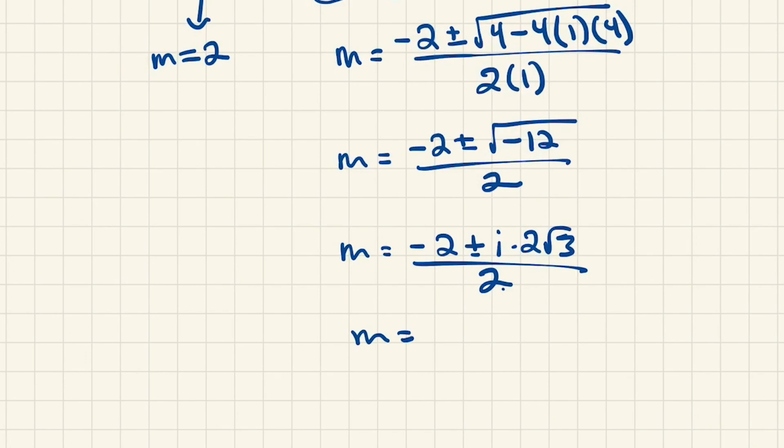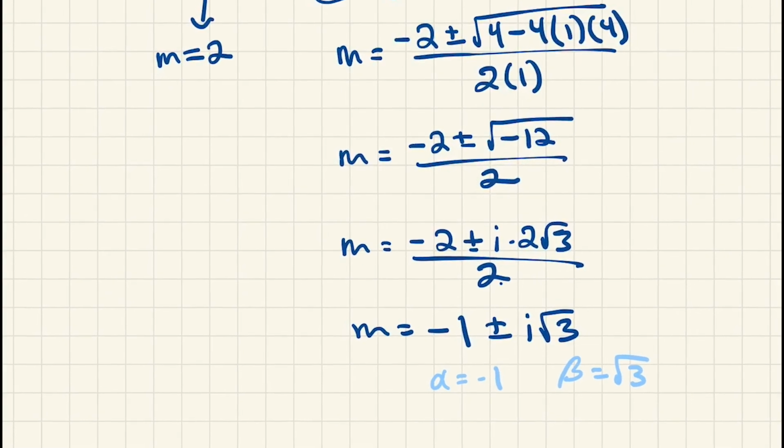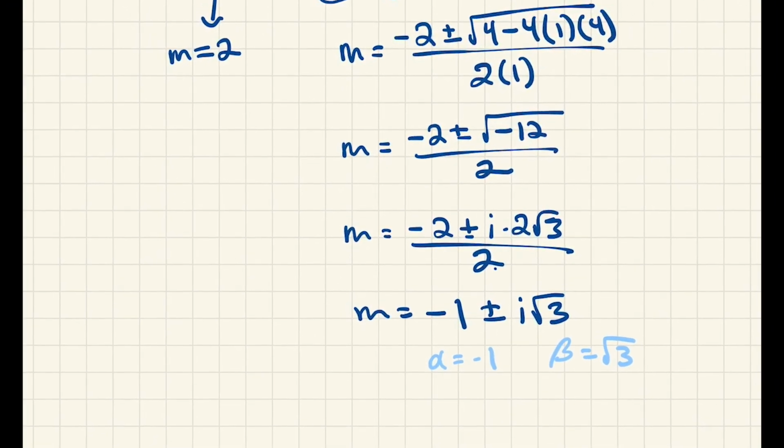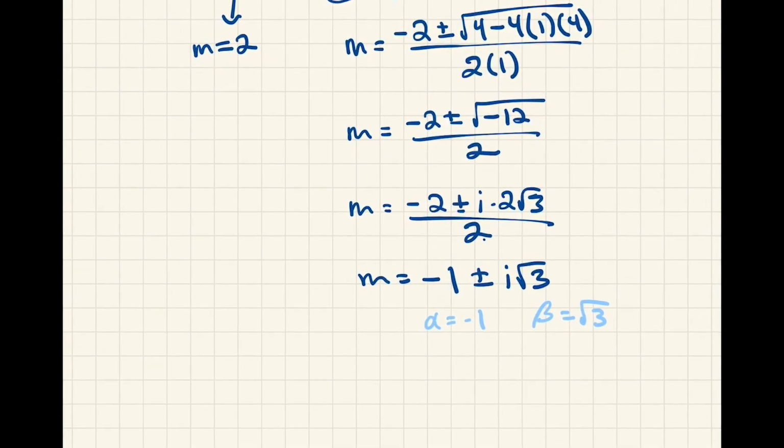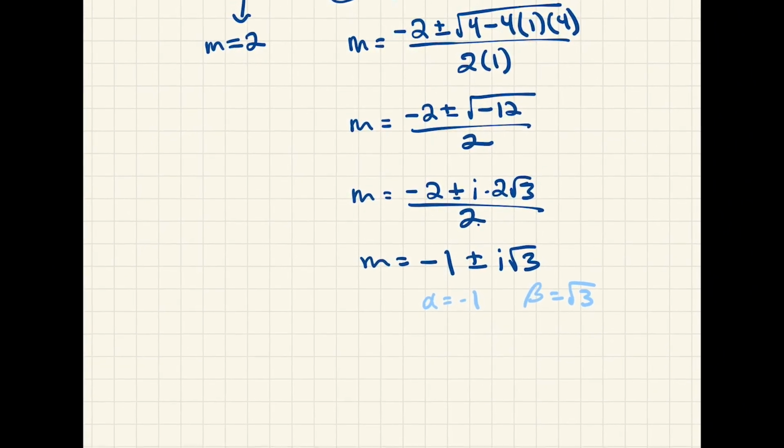So we get m is equal to negative 1 plus or minus i root 3. So here we have clearly an alpha of negative 1 and a beta of rad 3. We have 3 distinct solutions, so we don't need to worry about introducing an x or an x squared or an x cubed factor or anything like that.